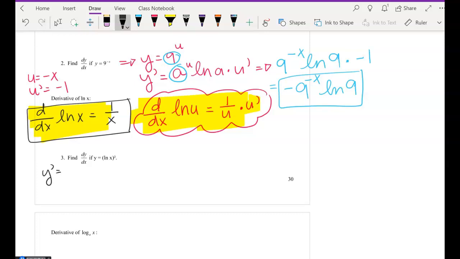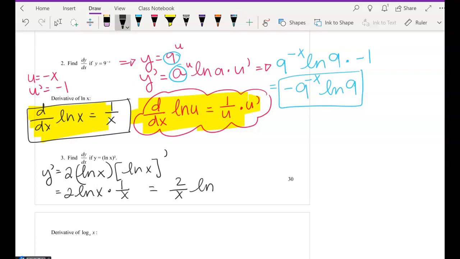So I'm going to take down the power, which is 2 times natural log of x times the inner component derivative. Well, the derivative of natural log of x we just got done writing, it's 1 over x. So let's move that to the front. So that's 2 over x times natural log of x, and box that up.